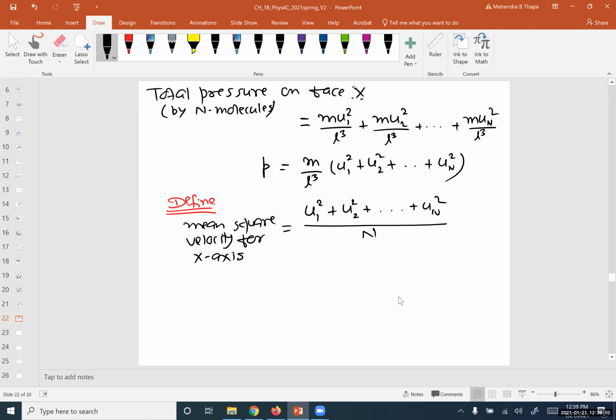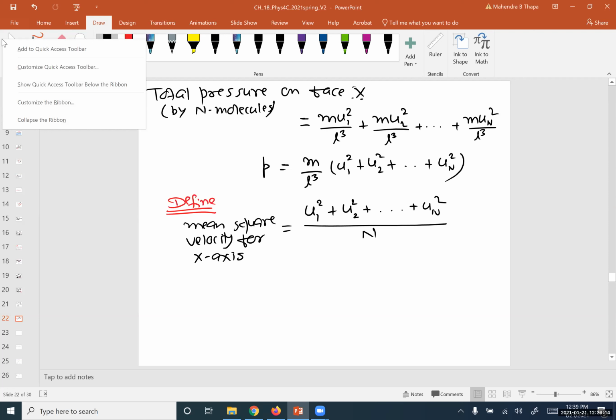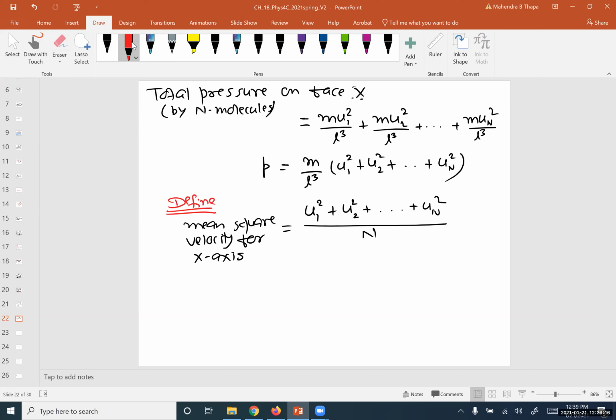Okay, so for simplicity we can introduce a symbol. Say this is u squared bar. This is just a symbol. So I can write this as u1 squared plus u2 squared plus un squared equals n u squared bar.